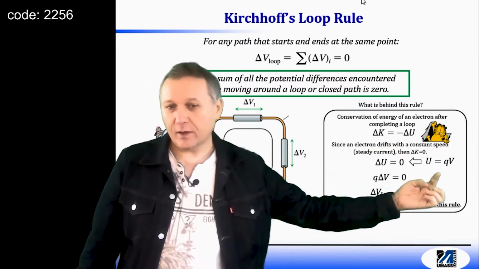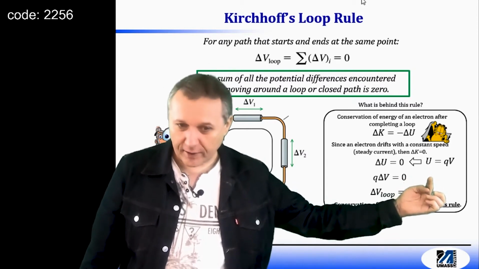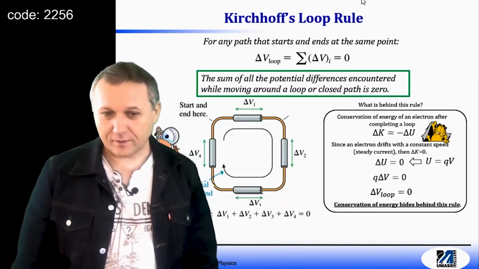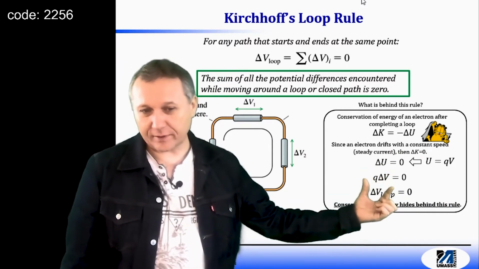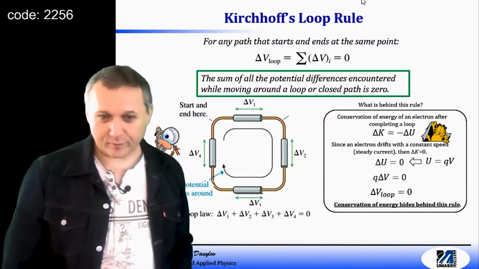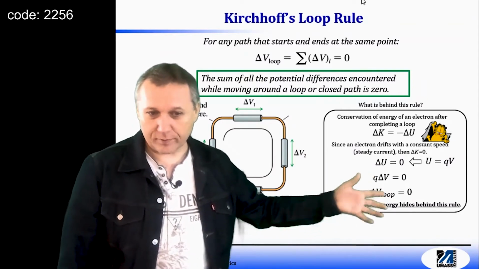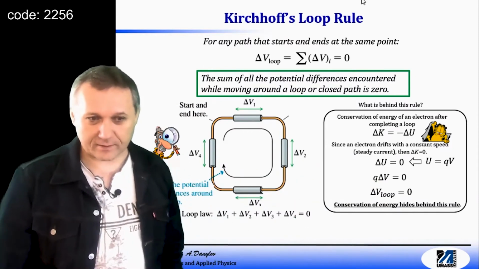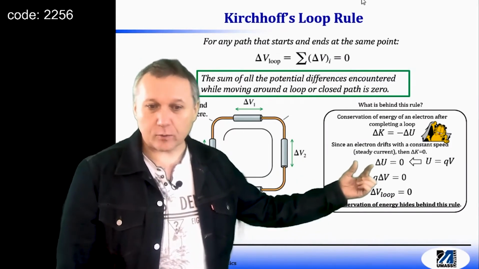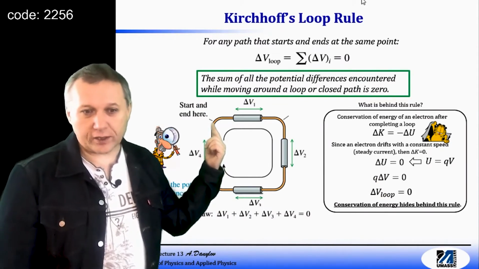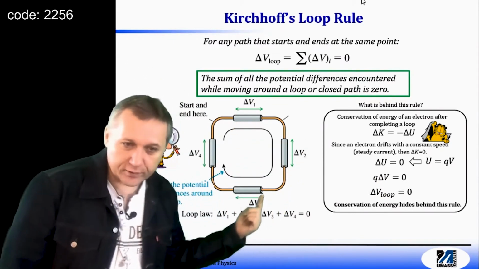And of course, we know the connection between the potential energy and the electric potential: U equals QV. So this delta U can be written as Q times delta V, and it is equal to 0. Q can be dropped, because any constant factor doesn't change that. As a result, what is this delta V? It's the potential change when the electron moves around the loop.